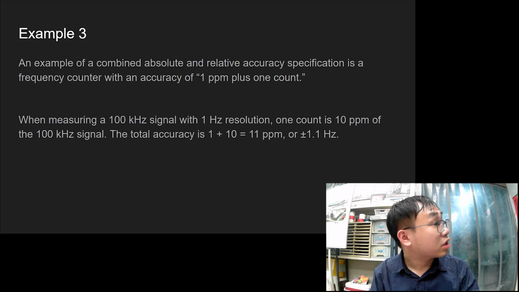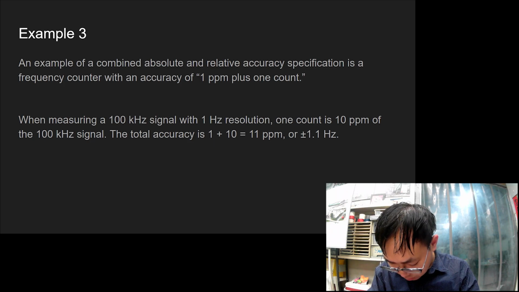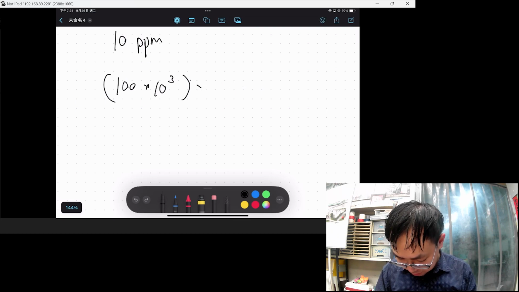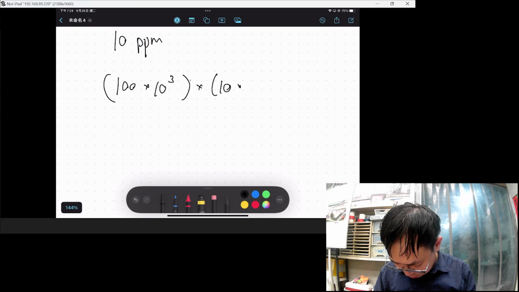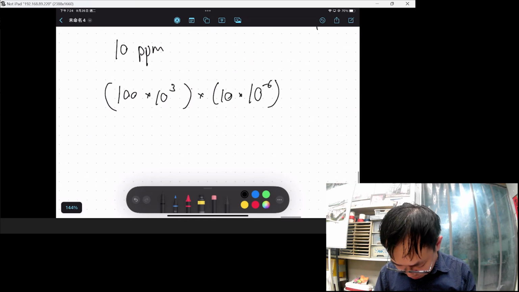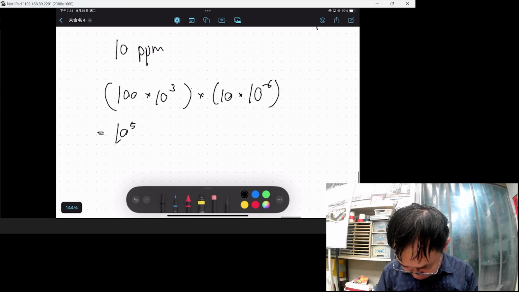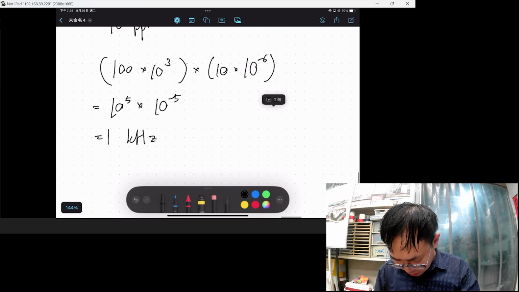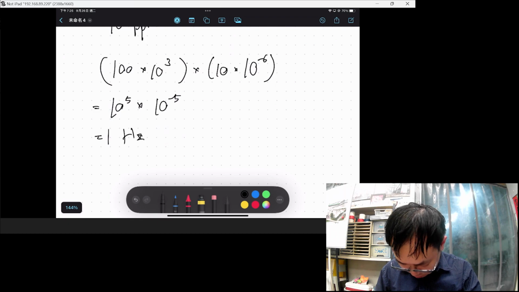Wait. Oh my god, no wonder I calculated wrongly. This multiplication. So you see that it is more than 1 kilohertz, 1 hertz.